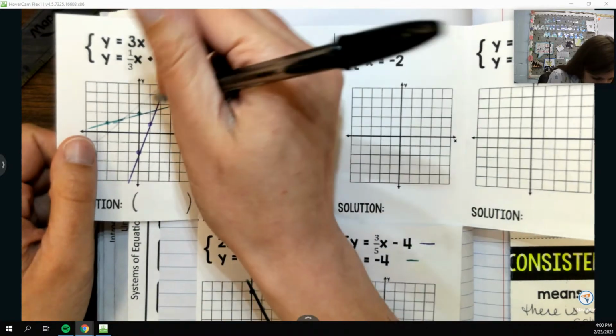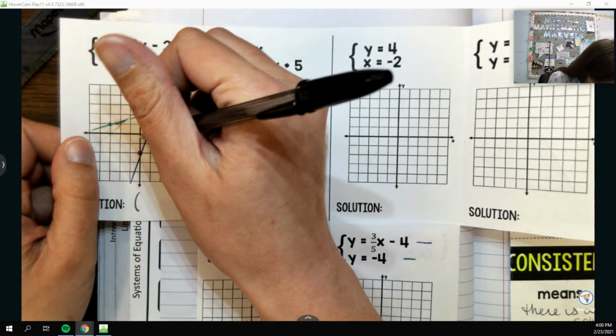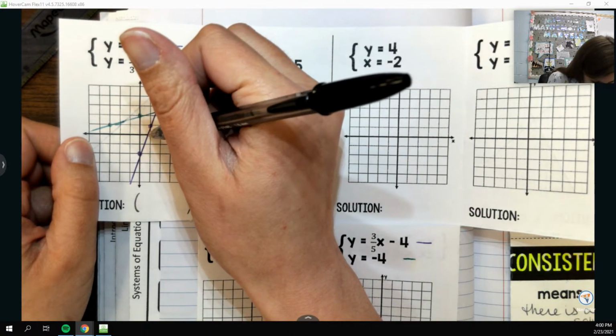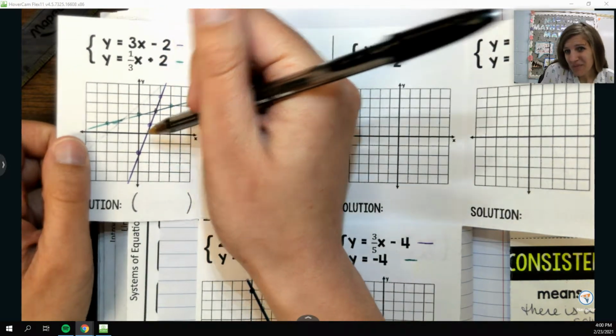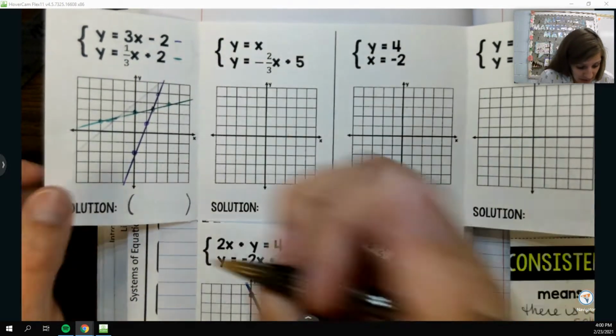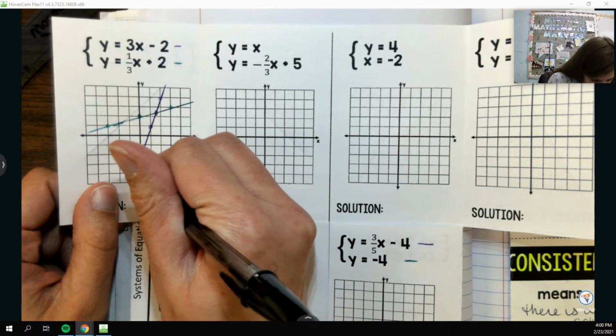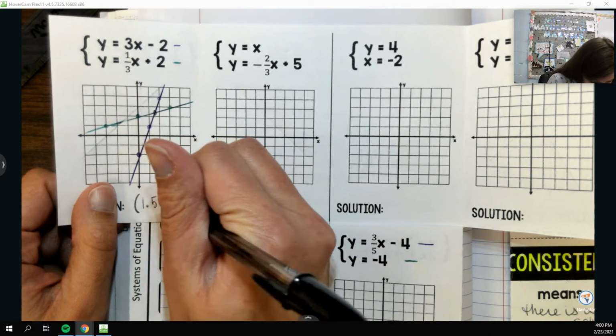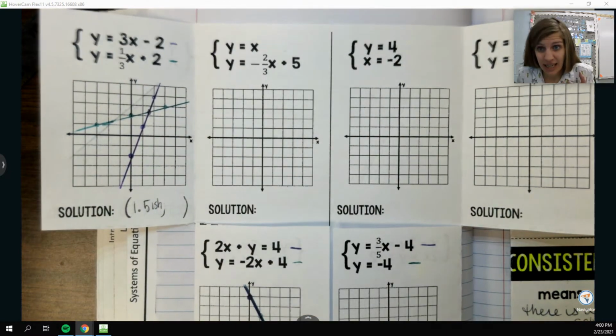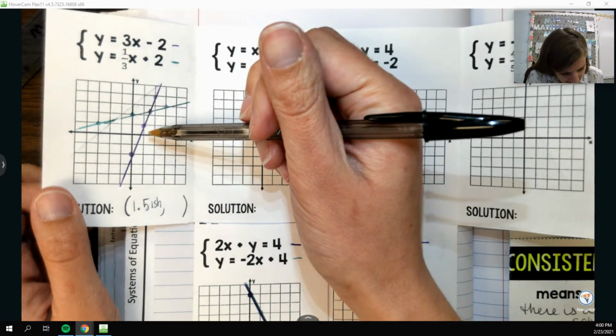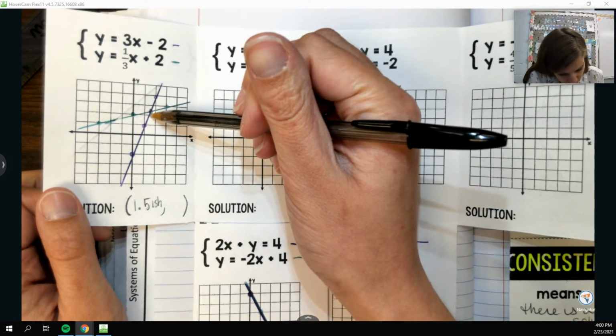Now, this point right here where they're crossing is kind of over 1.5, but is it right in the middle? I don't know. It's kind of hard to say. So I'm going to put 1.5-ish. It kind of looks like it. And then it's up 1, 2.5.